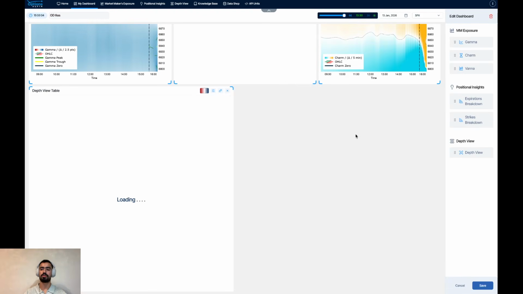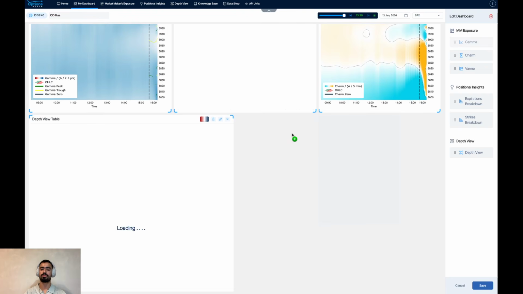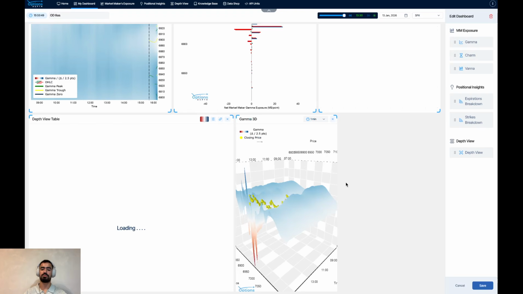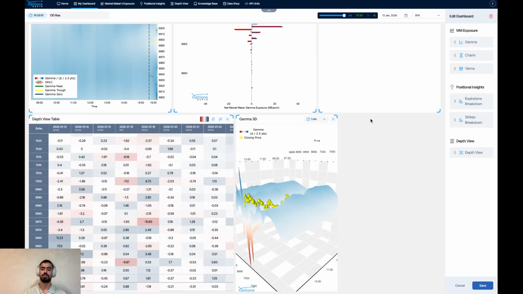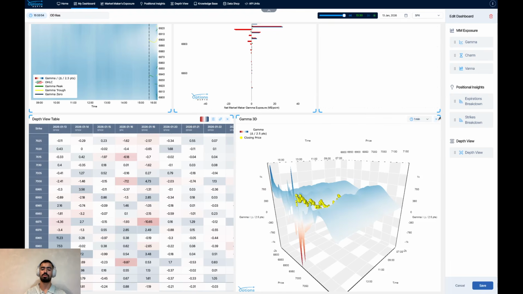I think it looks cool. All right, 3D view. Let's do half-half with the depth view here, resize it. I'm going to save it. Now it's saved, right? And then I'm going to change the filters.